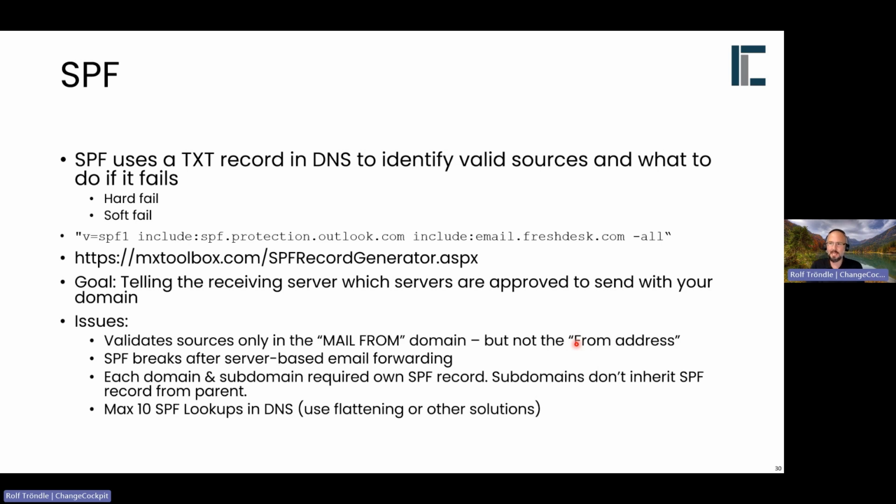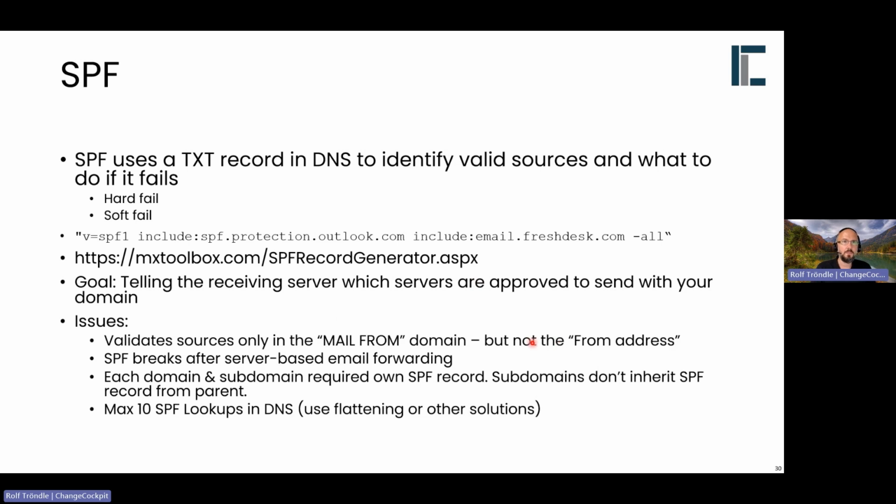The from address is the address part of the header of the email, which will be shown in the email client. So you would see this as the sender address in Outlook, as an example. So it's quite a bad thing if the from address can be different. SPF only validates the mail from and not the from address.